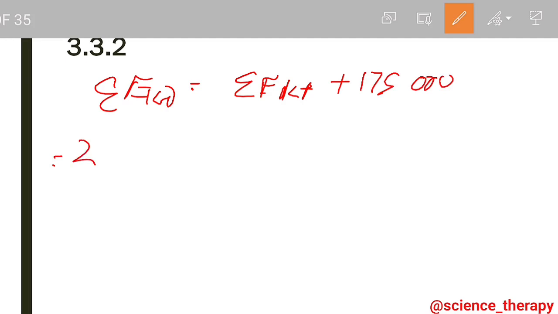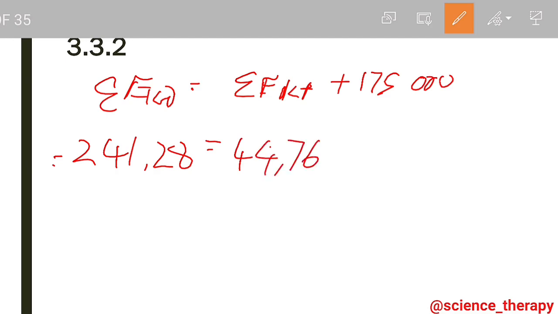We found that it is 241.28, right? And the sum of EK finally is 44.76 m. That's just it. That's the sum of EK final. Then plus 175,000 that is lost in the system during the collision. So we have m here.